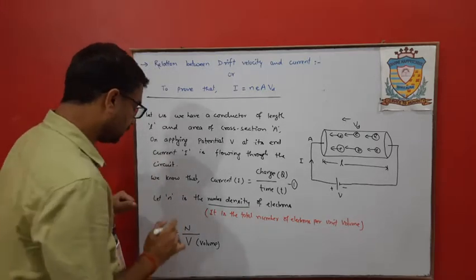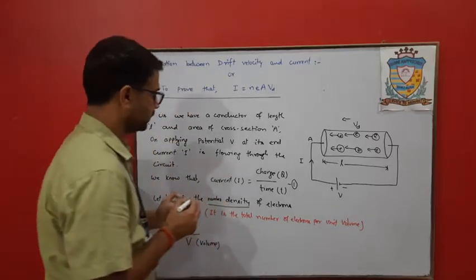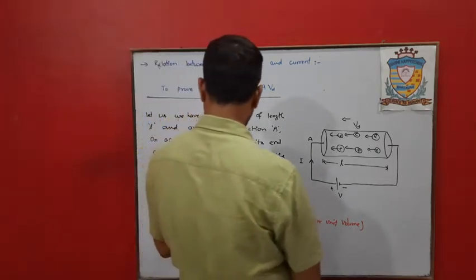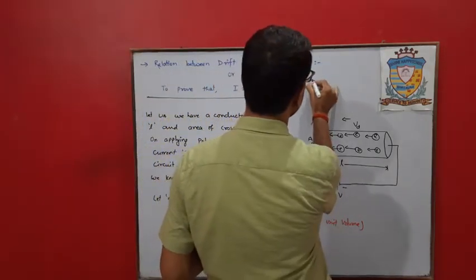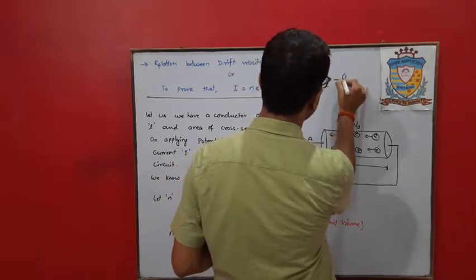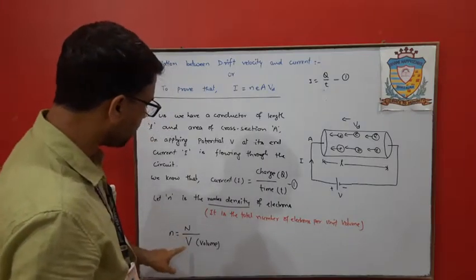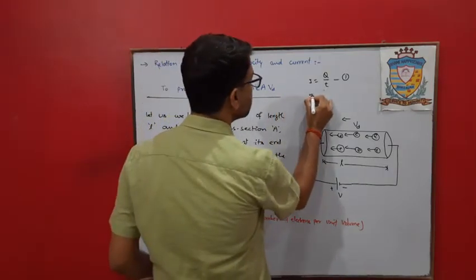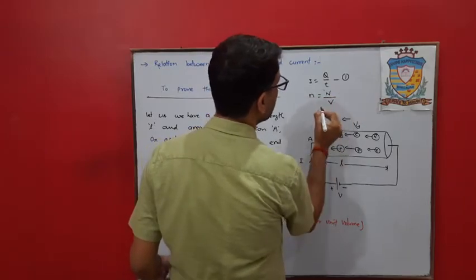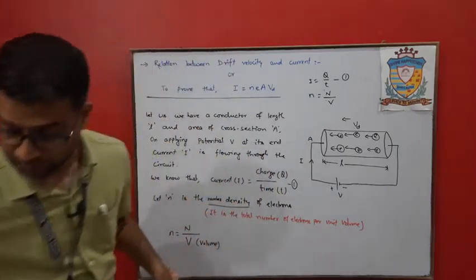Clear? So we have the first formula, that is I is equal to Q by t, this is our equation number 1, and here we have small n is equal to capital N upon V, where N is the total number of electrons, V is the volume.